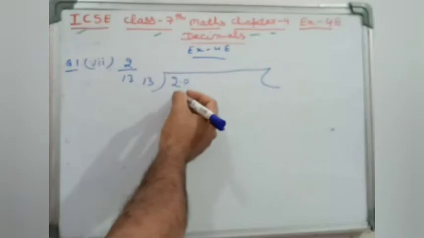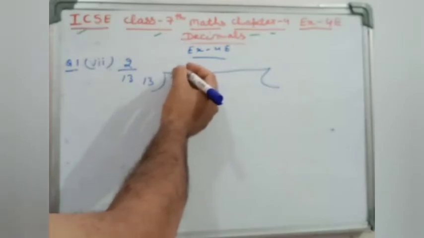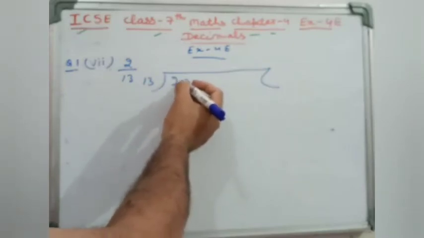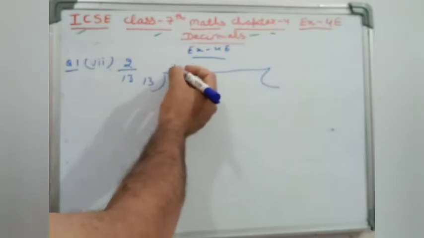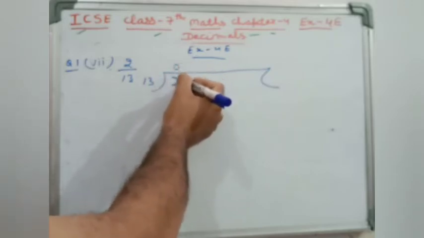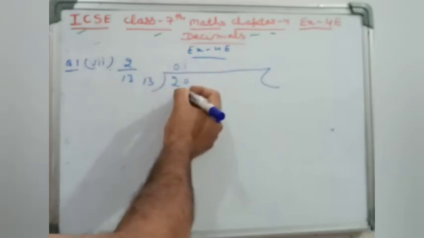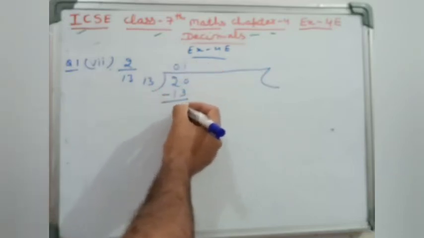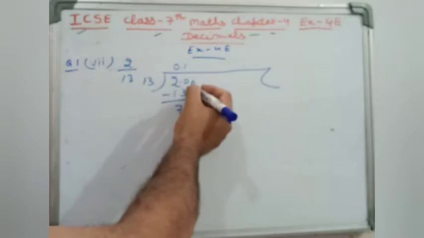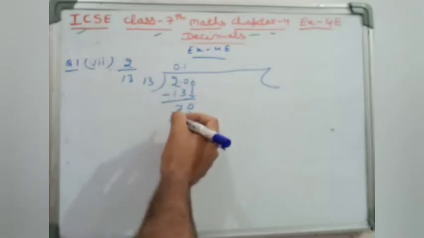We started with 0, so we put 0 here also. After that, 13 ones are 13, minus, 7 remains. Again 7 is smaller, make it bigger by putting 0 here.